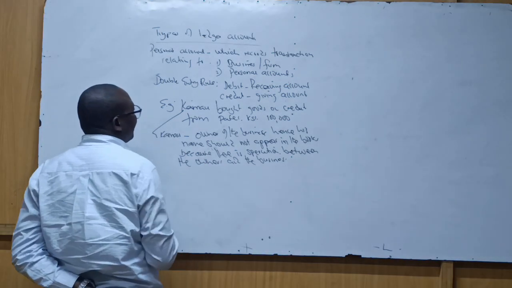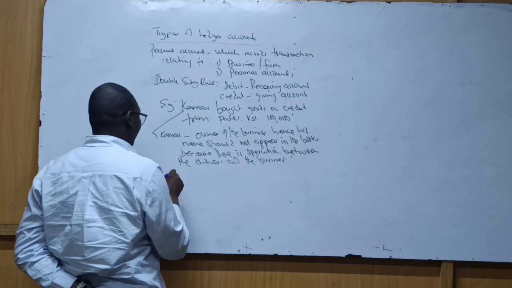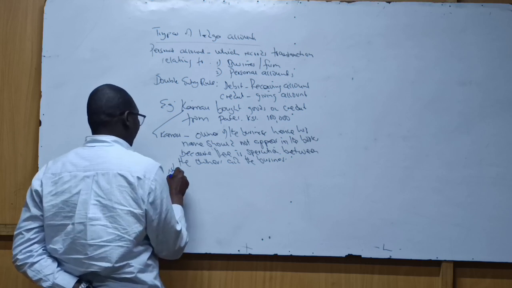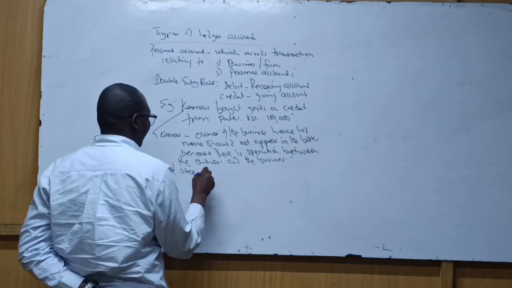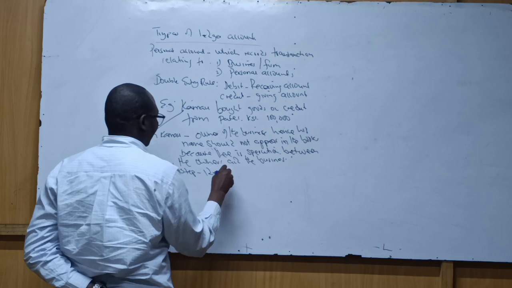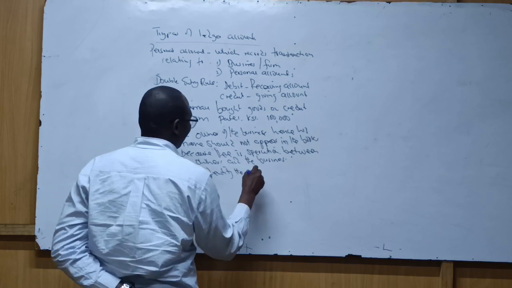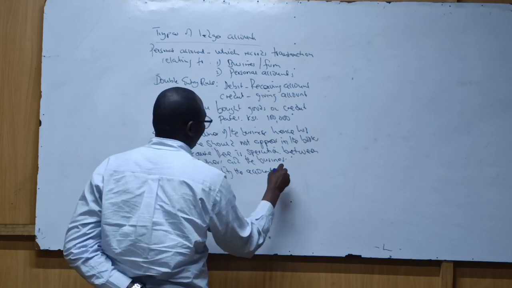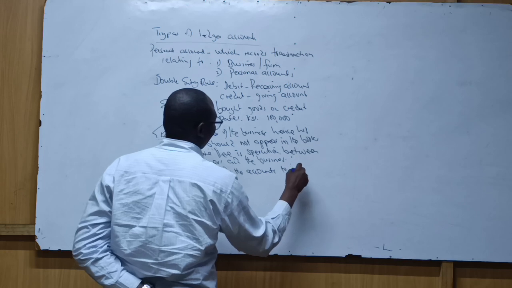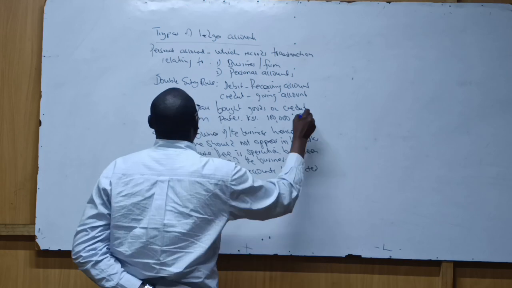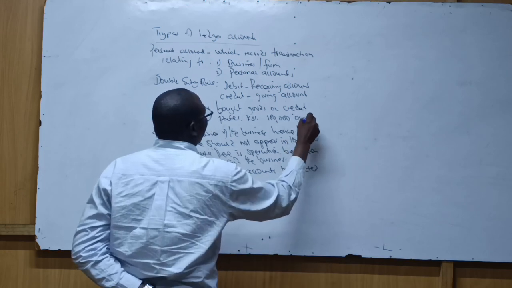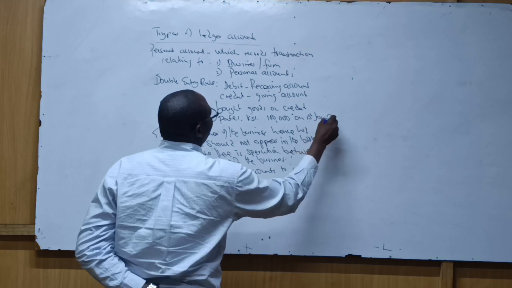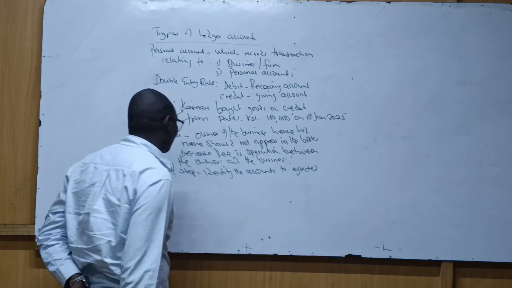Now you want to record this transaction. The first step is to identify the accounts to be affected. I can also add the date, 1st January 2025.